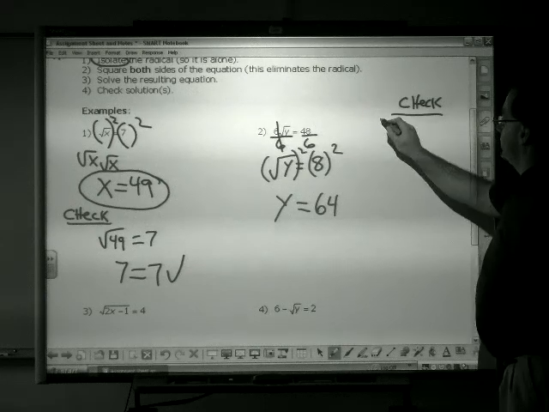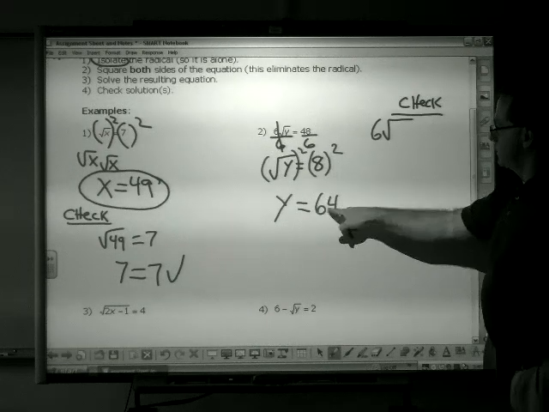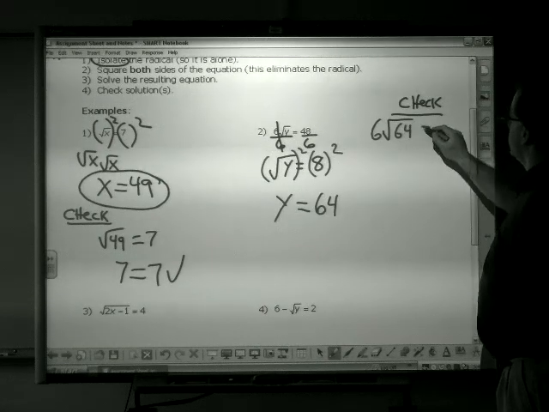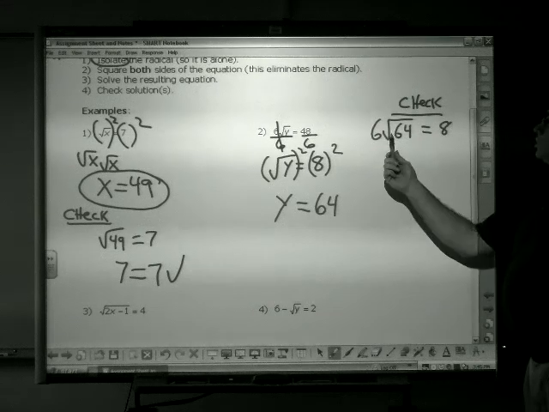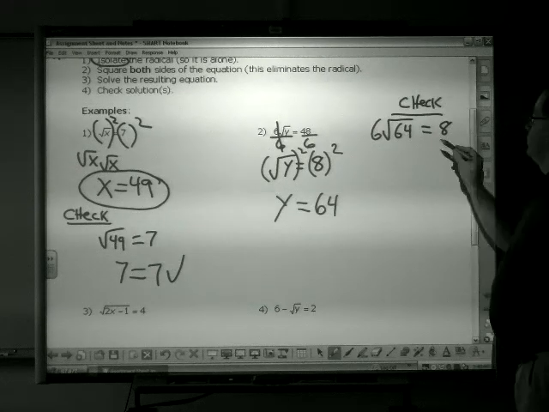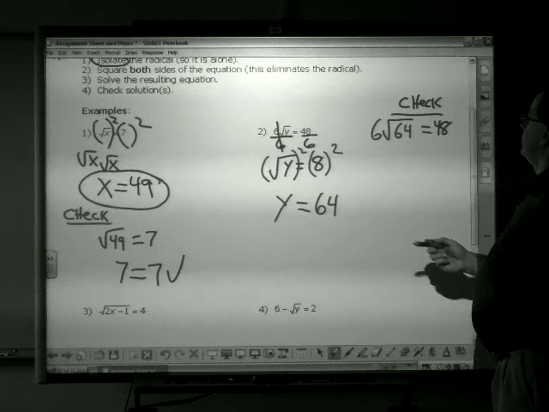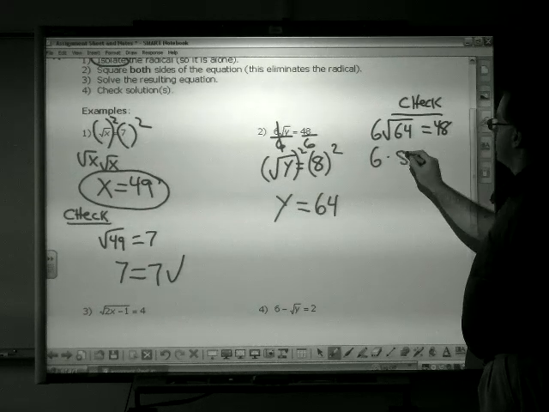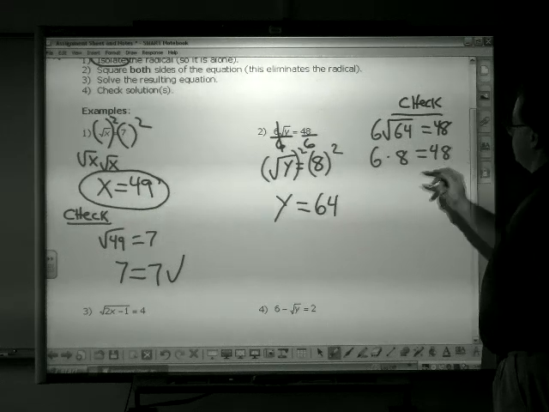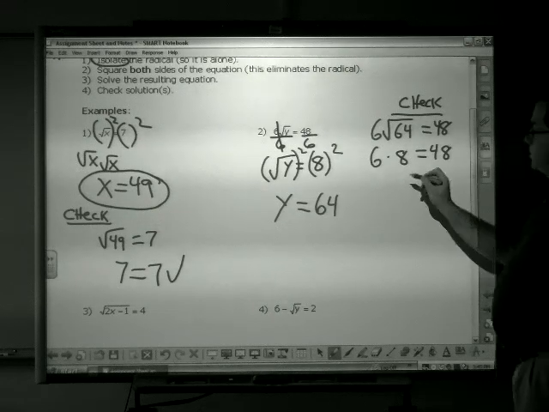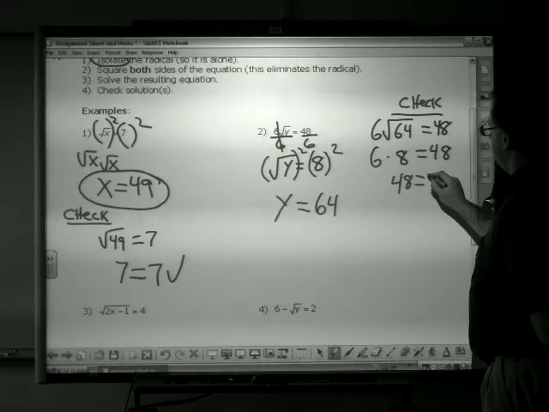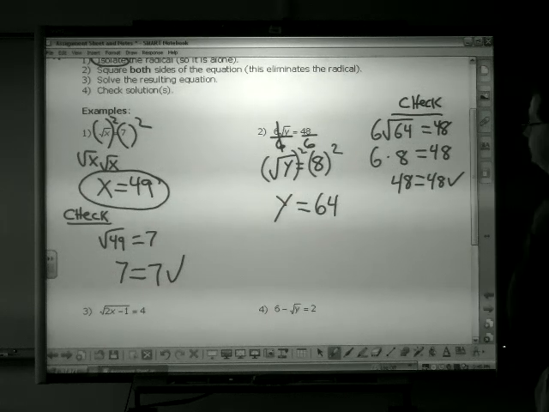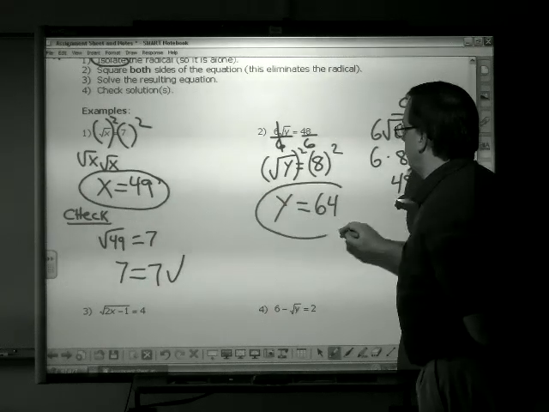The original, 6 square root 64 equals 48. Square root of 64 is 8, so 6 times 8, 48. What's 6 times 8? 6 times 8 is also 48. 48 equals 48. It checks. I can now circle my answer.